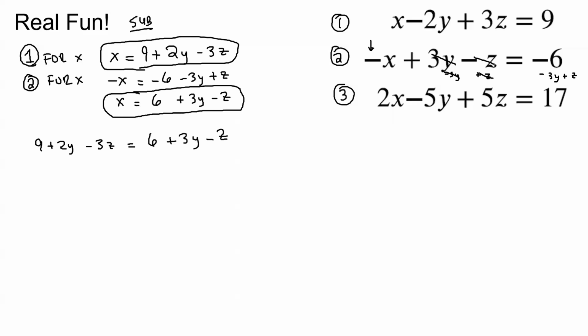Again, the top box here is x equals some stuff. This is x equals some stuff. Those two x's have to be equal, so all the stuff on the right-hand side have to be equal, and that's all I wrote there at the bottom. And once we clean that up a little bit, I actually went through and solved that for y.